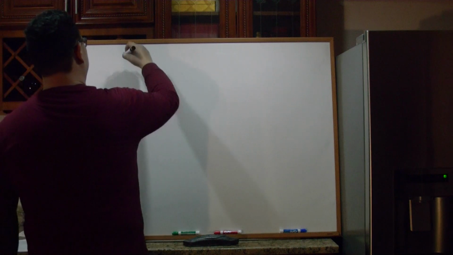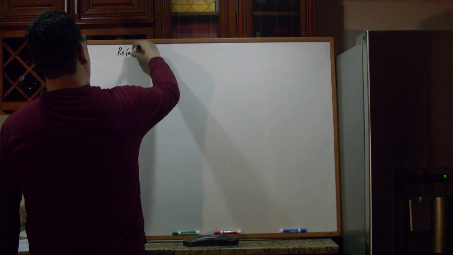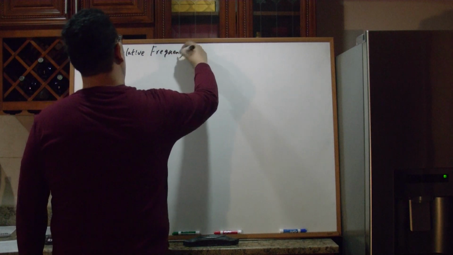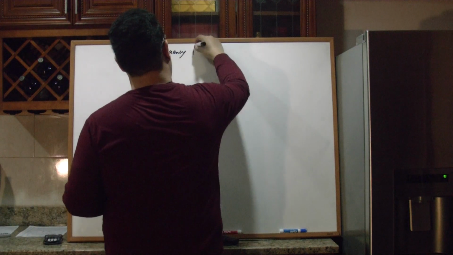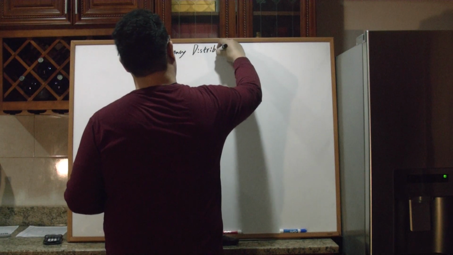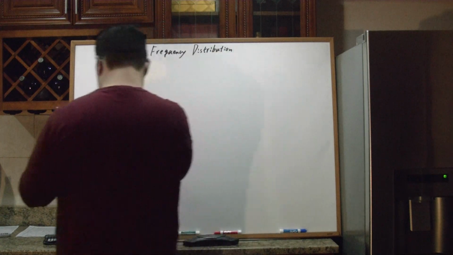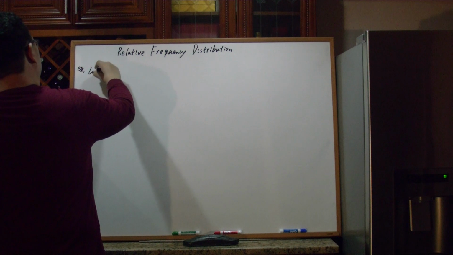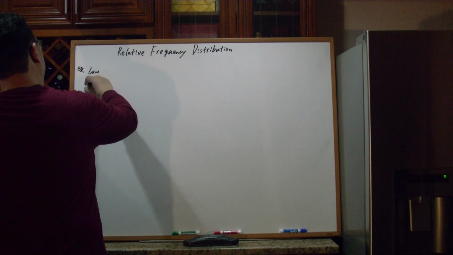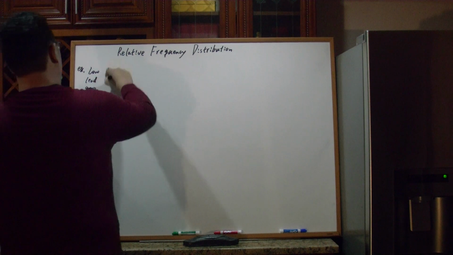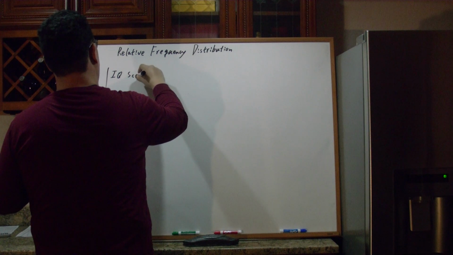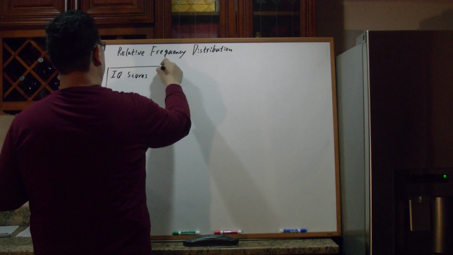The next thing we need to find out is the relative frequency. For example, take the IQ scores as the classes.